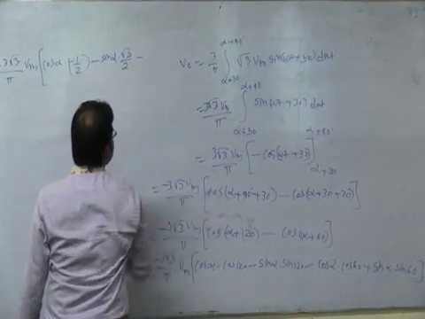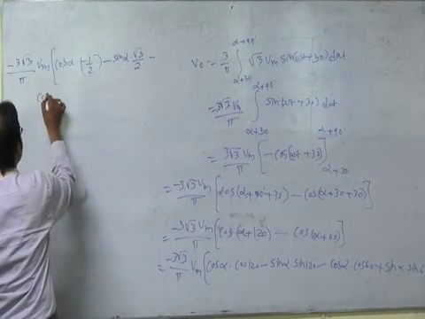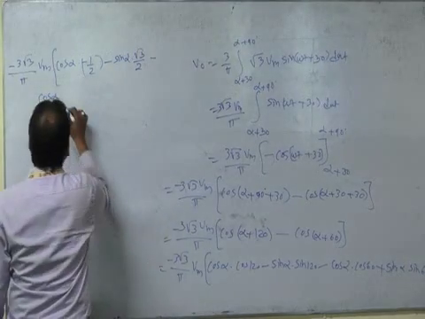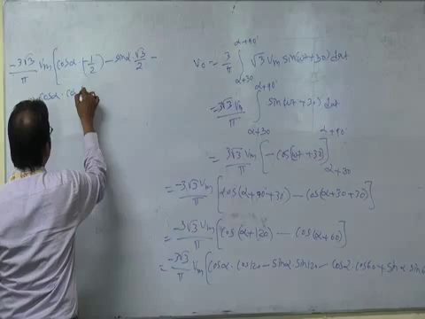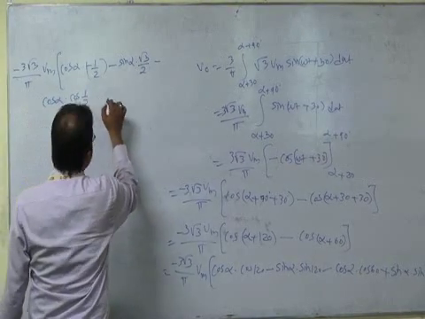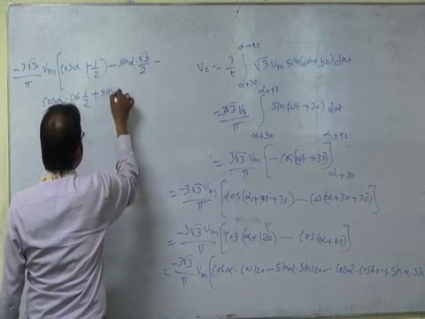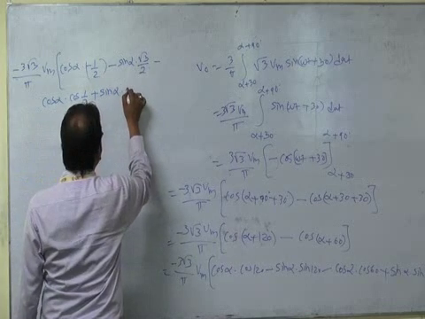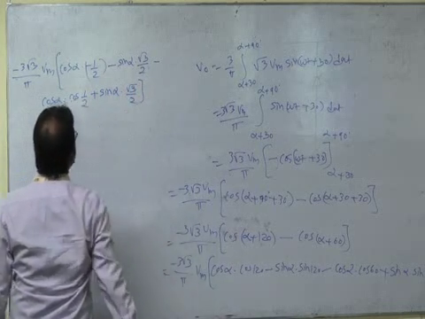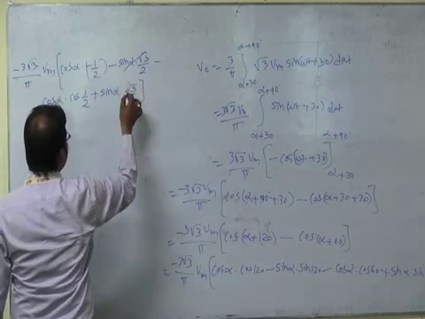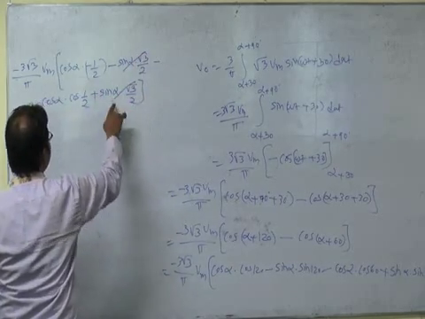Okay. Next, minus cos alpha cos 60, how much is it? 1 by 2, then plus sin alpha sin 60, how much? Root 3 by 2. So here the sine terms are going to cancel, this is plus, this is minus.